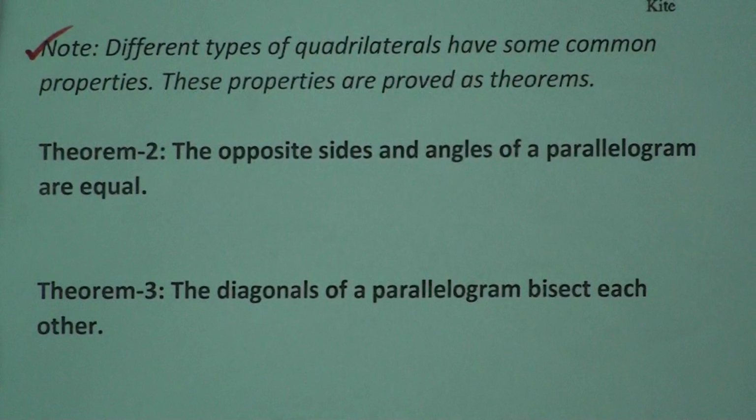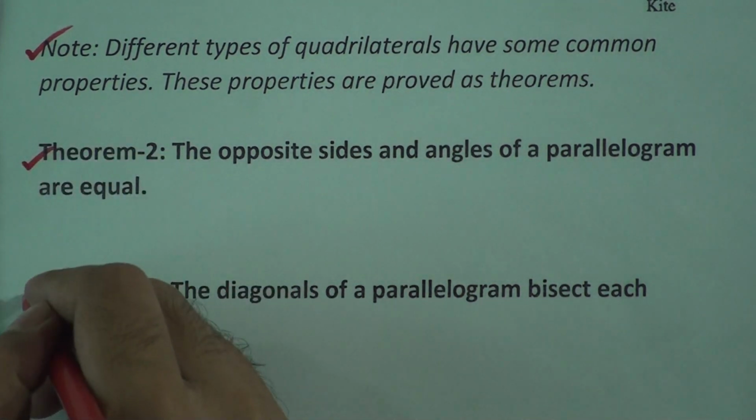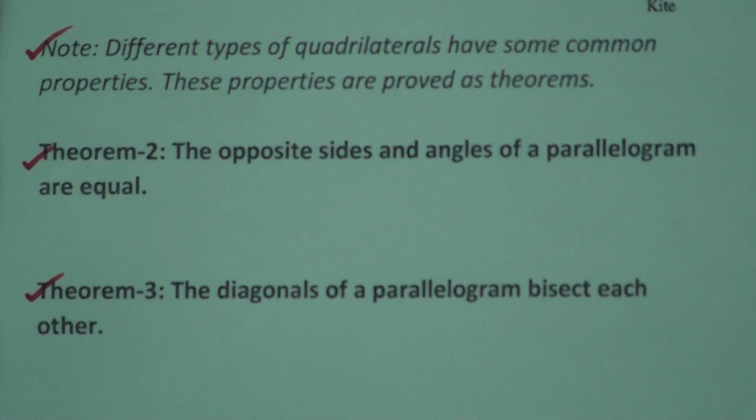We have discussed 6 types of special quadrilateral, and every type has some special characteristics, known as theorems. Among these, I will prove two theorems, theorem 2 and theorem 3. At first I will prove theorem 2.